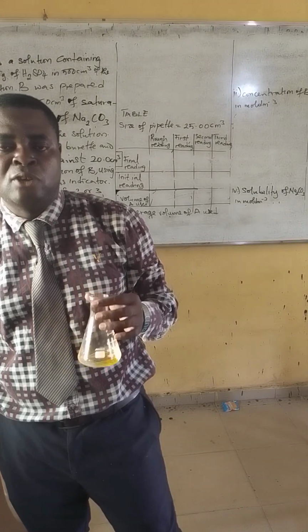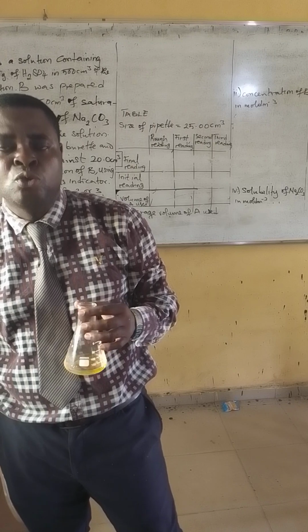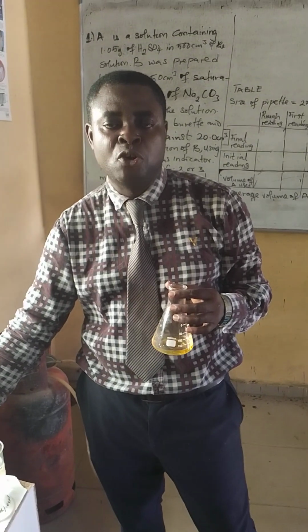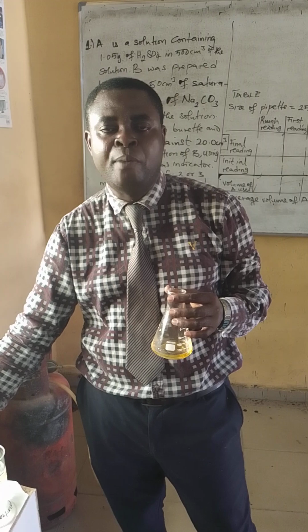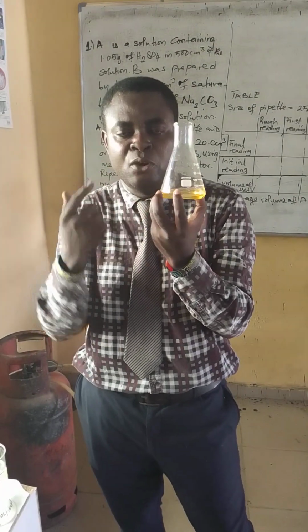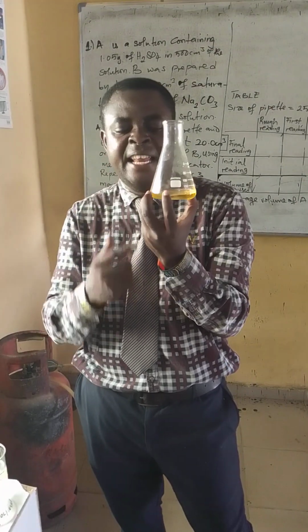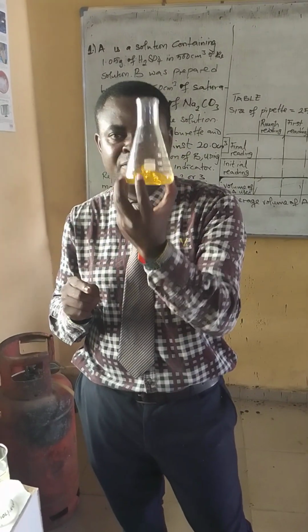Trioxocarbonate IV acid is a weak acid. It ionizes partially to give little amount of hydrogen ion. But sodium hydroxide is a strong base, strong alkali. It ionizes completely to release large number of hydroxide ion. So in this environment, you have more of hydroxide ion than hydrogen ion. So the environment is what? Is alkaline. And the color of methyl orange in an alkaline medium is yellow. That's why we have yellow here.